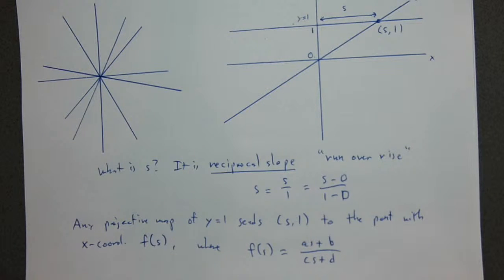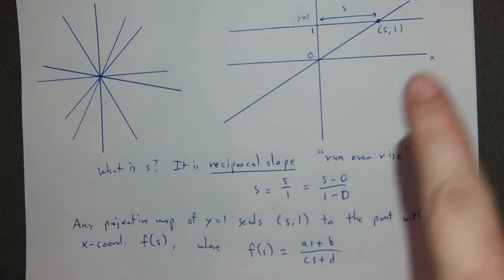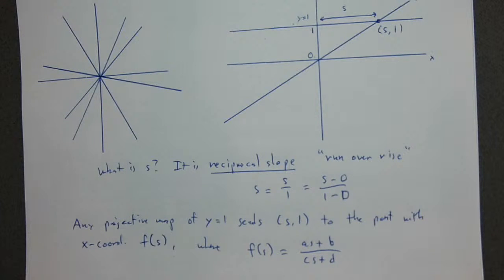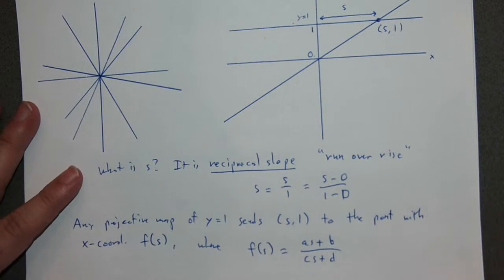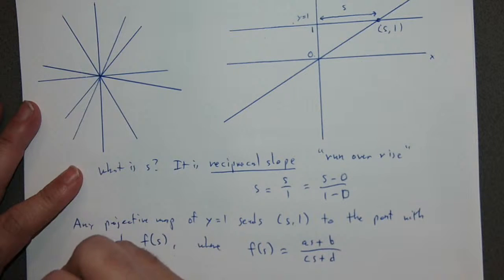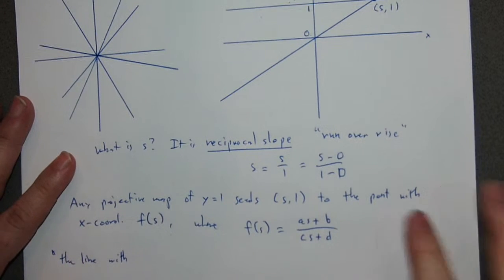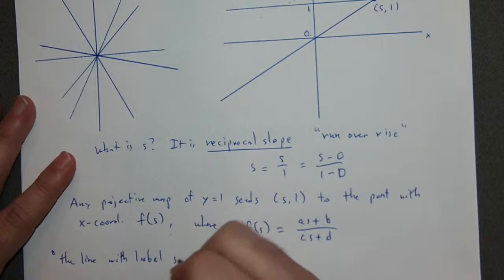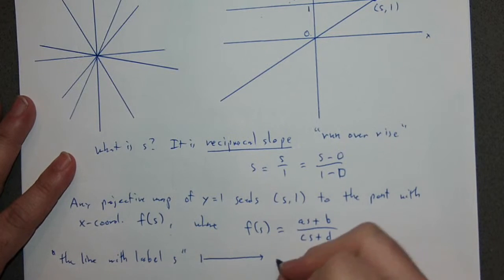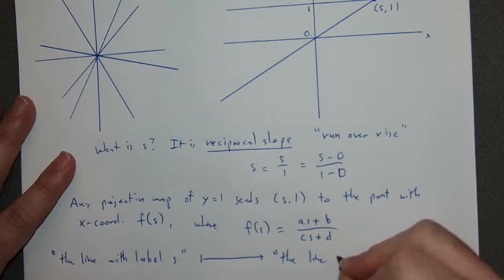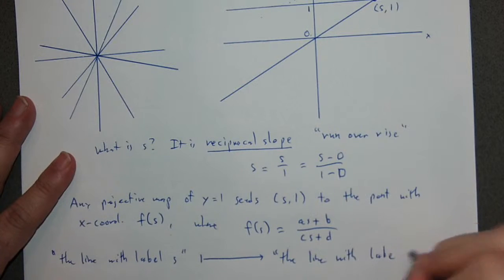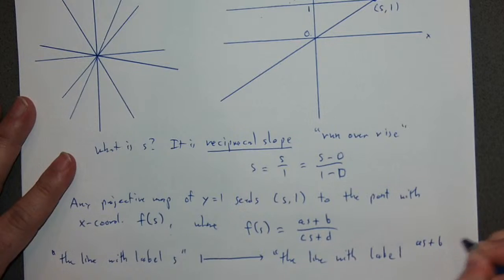So this is just me mapping R2, sending the line with the label s to the line with the label (as plus b) over (cs plus d). So then maybe I should write it like this. The line with label s gets sent to the line with label (as plus b) over (cs plus d).